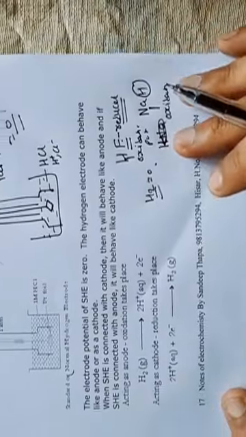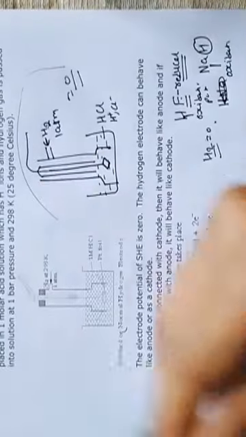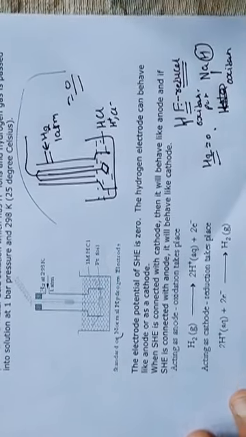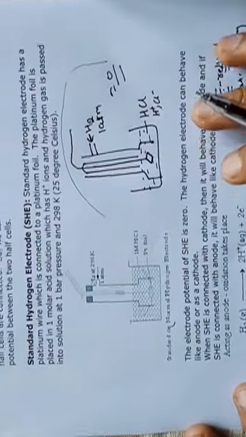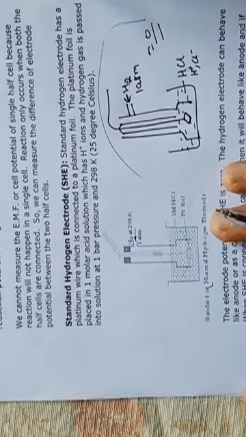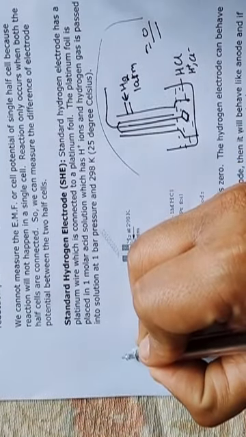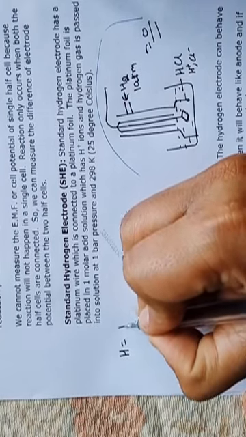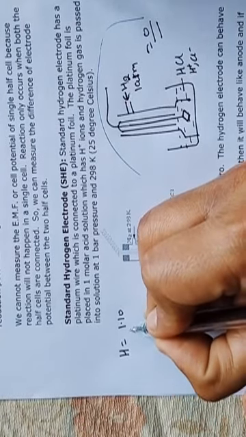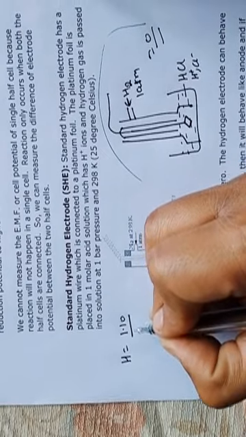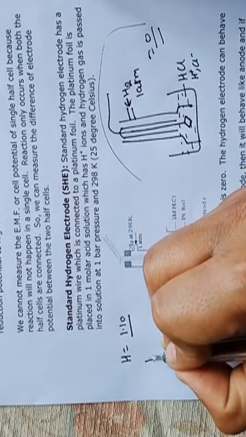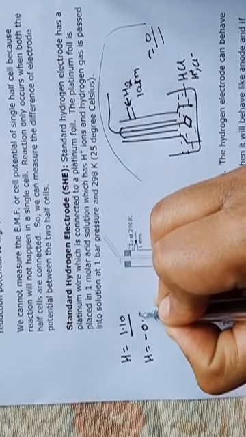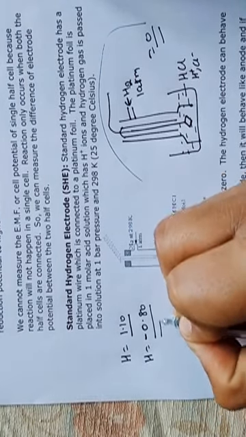We have also discussed that we never use the words oxidation or reduction potential separately. We use the term standard reduction potential. It means if the value is 1.10, its reduction potential is 1.10. But if the value is minus 0.80, its reduction potential is negative.